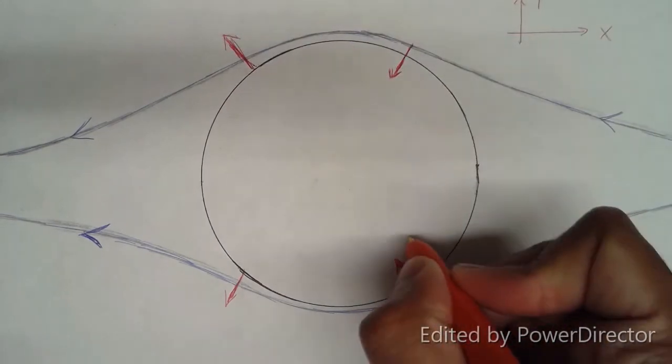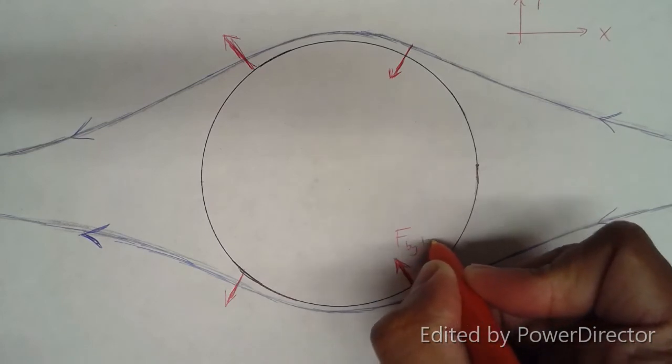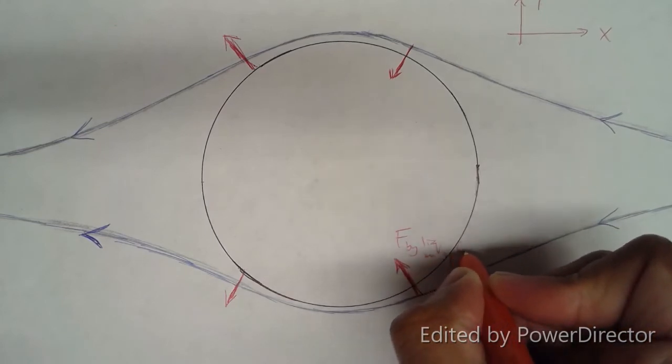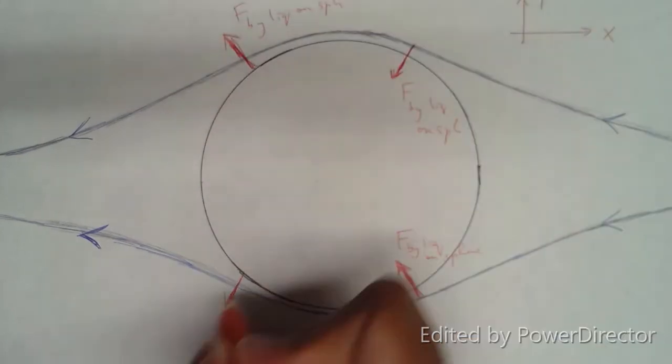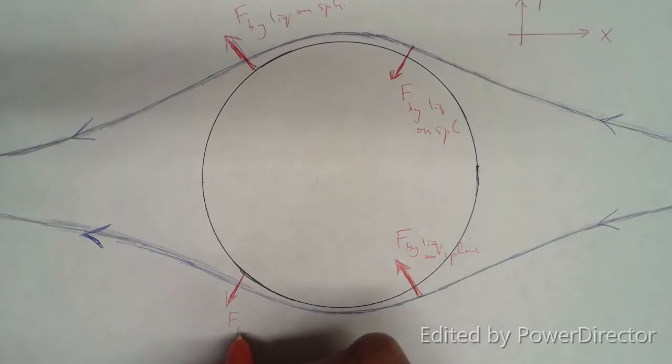So all these are forces on the sphere by the liquid. So by liquid on sphere. And all these are perpendicular to the surface of contact. So these are essentially pressure contributions.